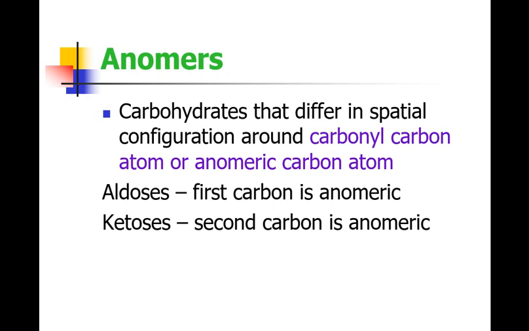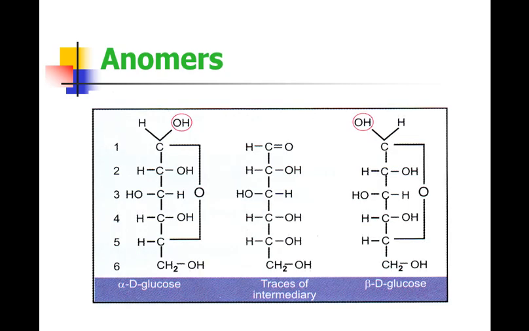Carbonyl carbon means it is the first carbon in case of aldoses and the second carbon in case of ketose sugars. So they differ with respect to the carbonyl carbon atom, which is also called the anomeric carbon atom.